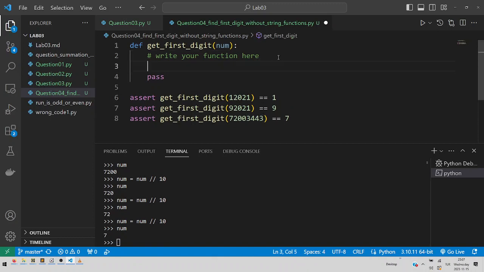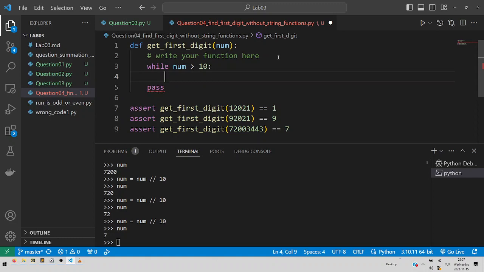How can I do this? Then while num is greater than 10, since the first digit can only be 1, 2, 3, 4, 5 up to 9, it cannot be 0 actually, since it is greater than 10, I know that it can be divided by 10.